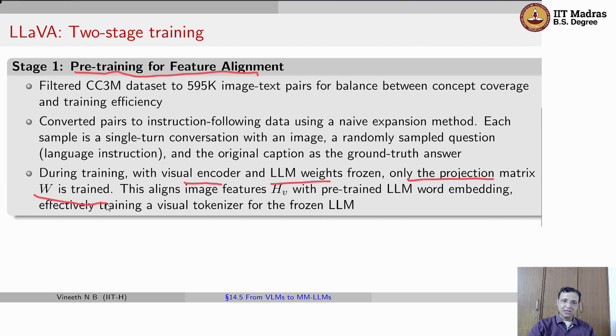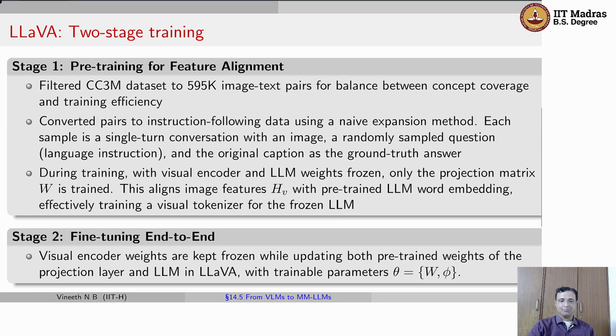Those embeddings were projected onto HV, and this step aligns the image features HV with pre-trained LLM word embeddings. So in some sense, you are trying to learn the best image tokens that can be given as input to the LLM along with the text tokens that come from the LLM word embedding.